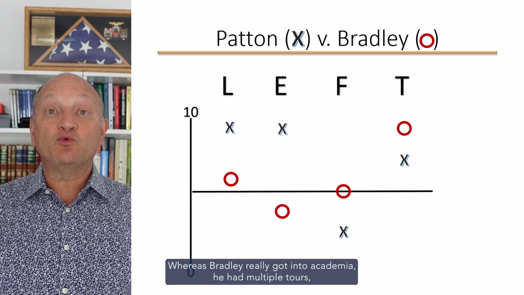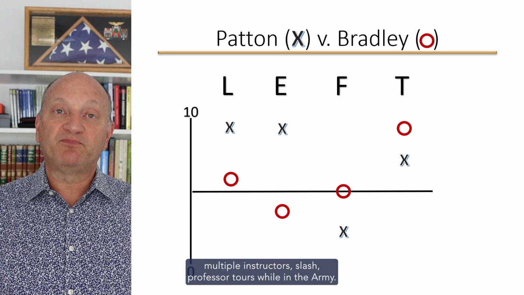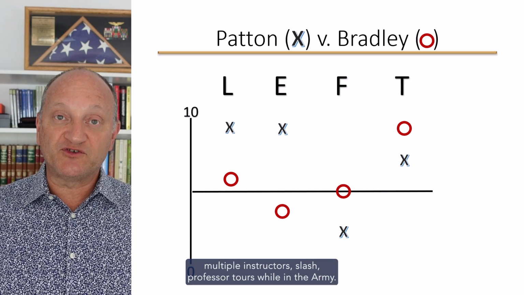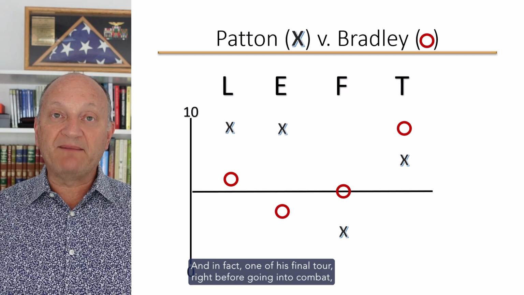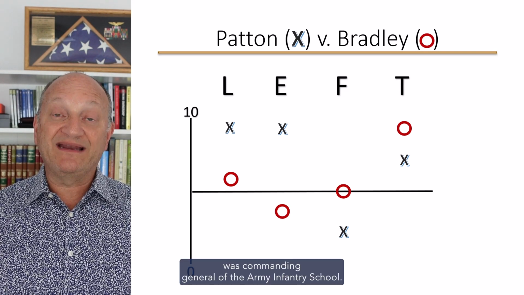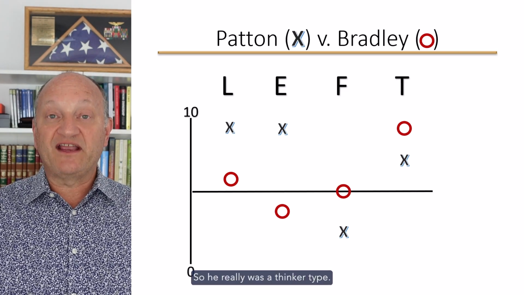Whereas Bradley really got into academia. He had multiple tours, multiple instructor/professor tours while in the Army. In fact, one of his final tours right before going into combat was the commanding general of the Army Infantry School. So he really was a thinker type.